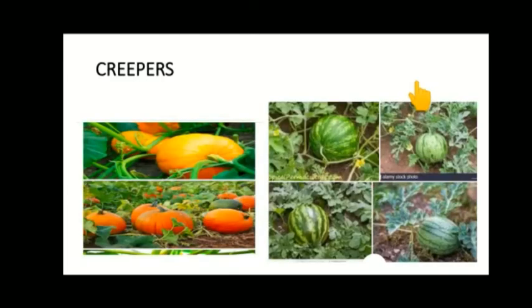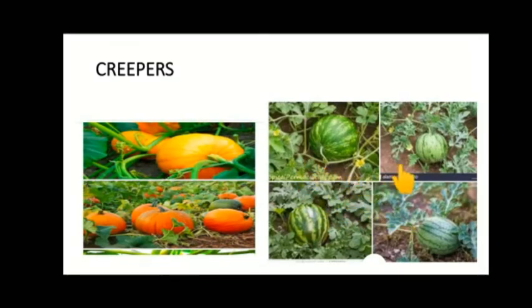Now another type of plants: creepers. Some plants crawl along the ground, like this is the crawl. When you were a child, you also crawled, like this.